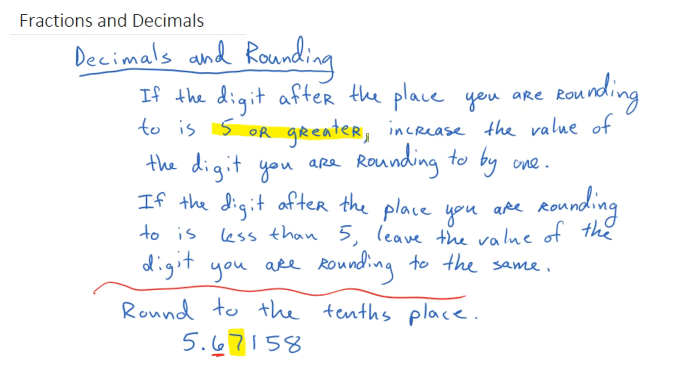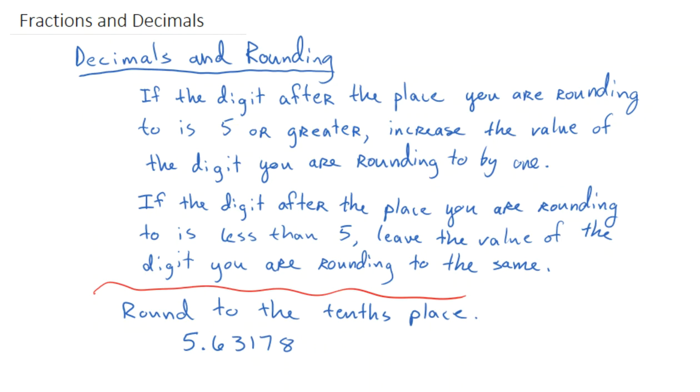So that means we're going to increase the 6 up to a 7. So when we round this, it's going to become 5.7. So the 7 was greater than 5, which bumps the 6 to a 7. The thing that's making the decision is not the number that you're actually going to change or keep the same. That's the important thing to keep in mind.